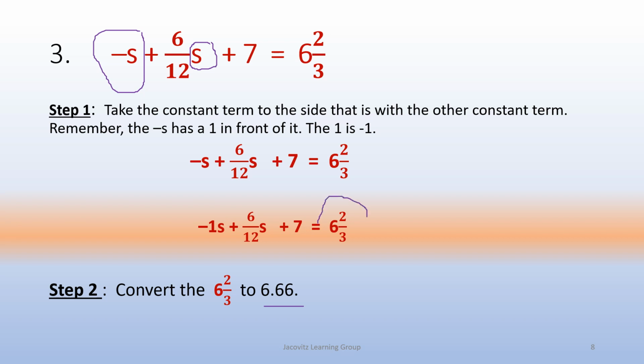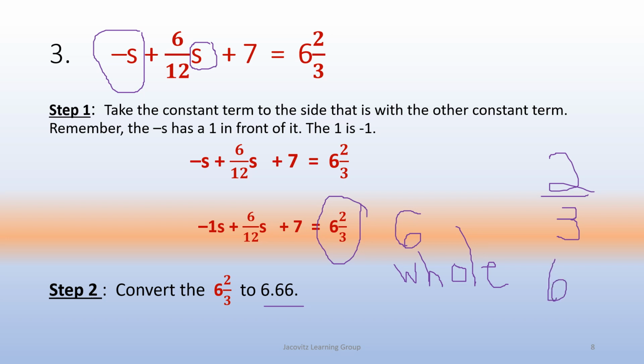If you remember this 6.6, this 6 is a whole number. So this whole number is here. And this 2/3, you guys remember this from elementary school, 66%. Some of you guys in high school know it's a repeating decimal, or it's 0.66.